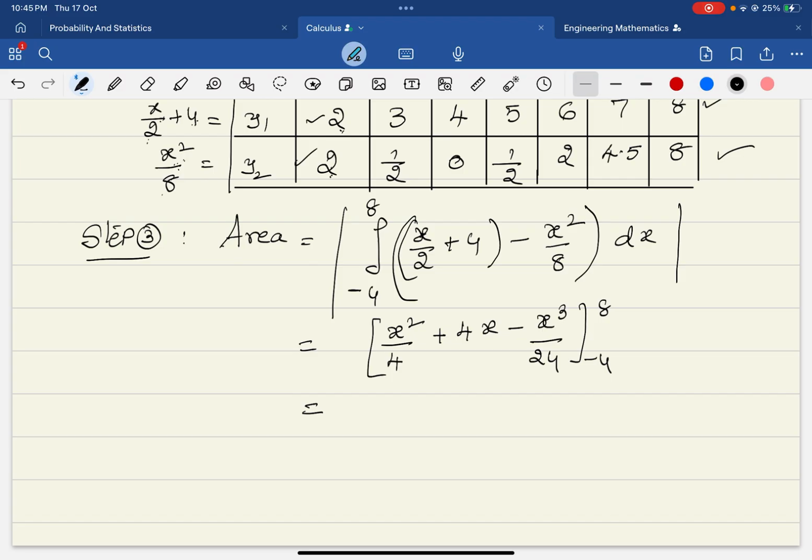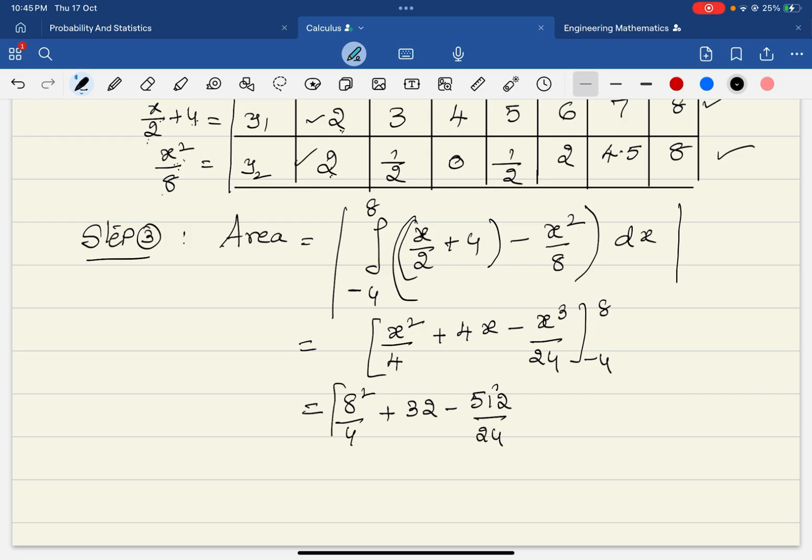For the upper limit, it is 8 square over 4 plus 4 into 8, 32, minus 8 cube. 8 cube means how much is it? 64, 8 times is 512. This is 512 over 24.